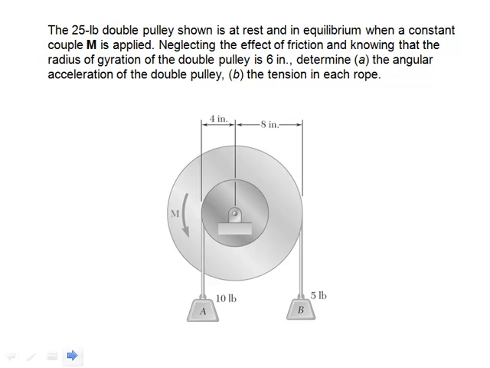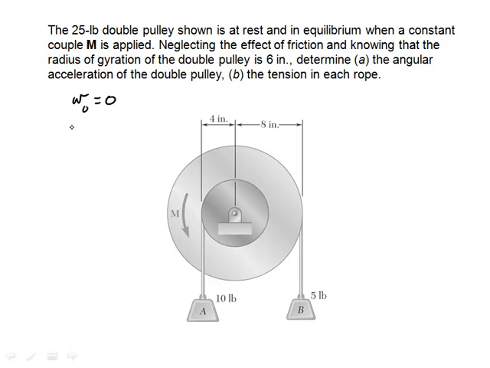So here's a nice example. I have a 25-pound double pulley, and it starts at rest, so my initial angular velocity will be 0. It starts at rest and it's in equilibrium, and then we apply a constant couple. We're going to neglect any friction, and we know the radius of gyration of the double pulley is 6 inches.